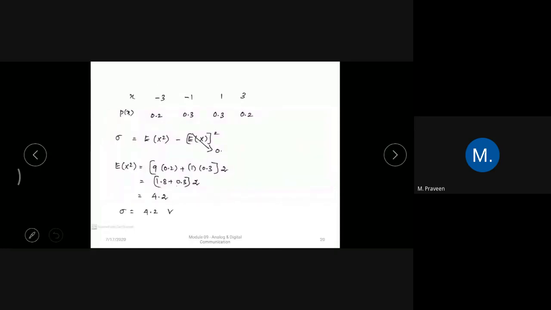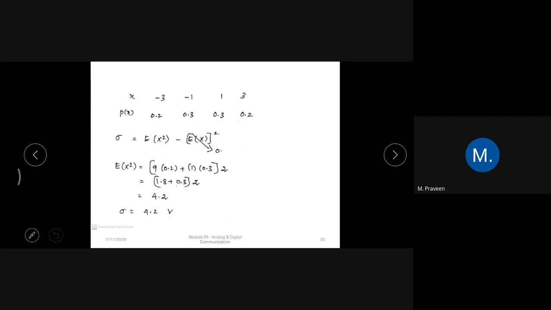First, they gave discrete samples, so we can take the values x and p of x, that is minus 3, minus 1, 1 and 3, and the corresponding probabilities they mentioned. So I simply formed the table. From this table I can find the variance sigma squared equal to expectation of x squared minus E of x the whole squared.